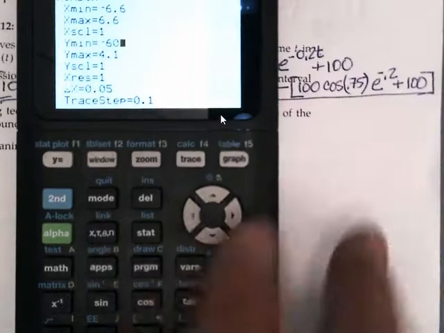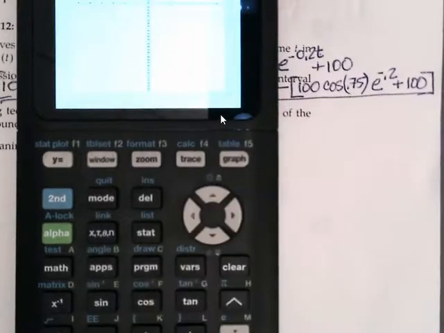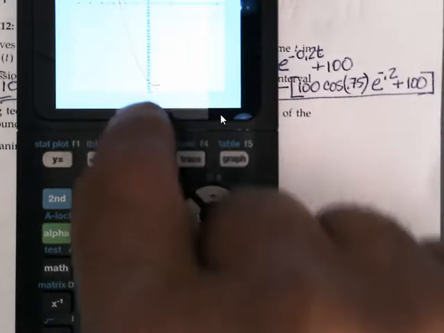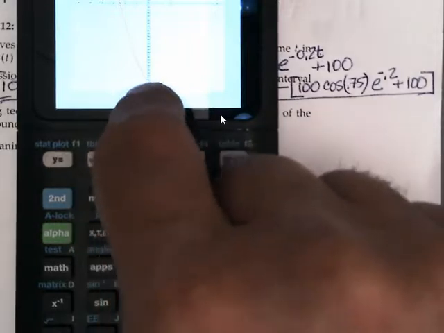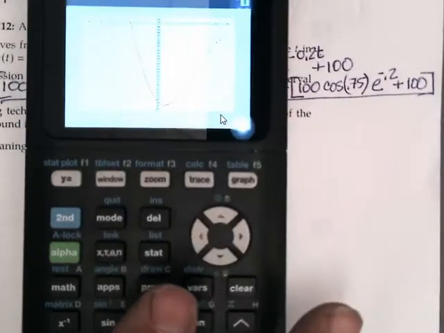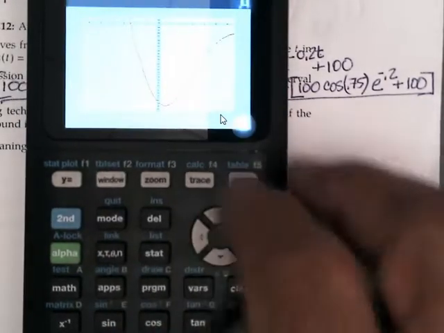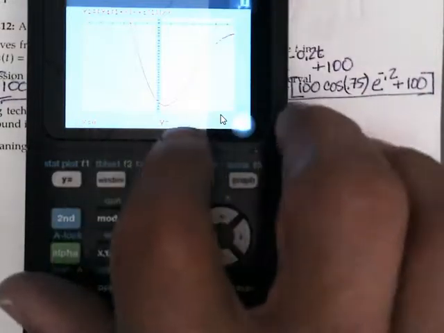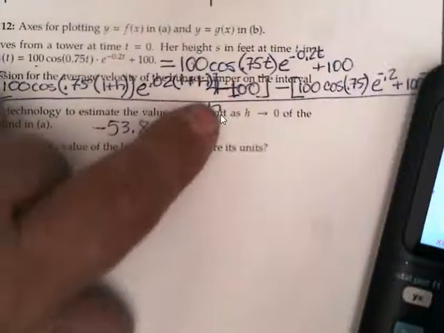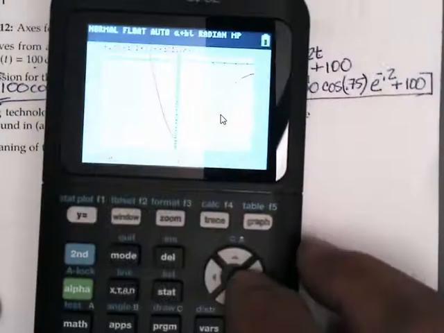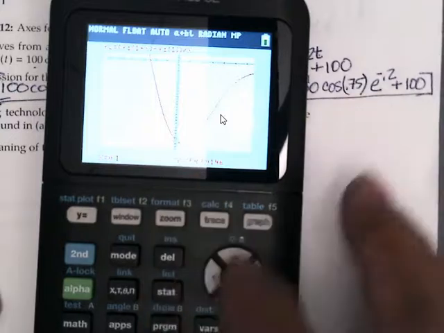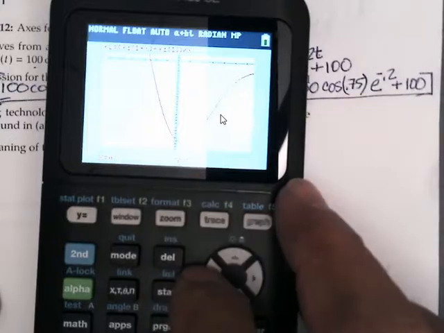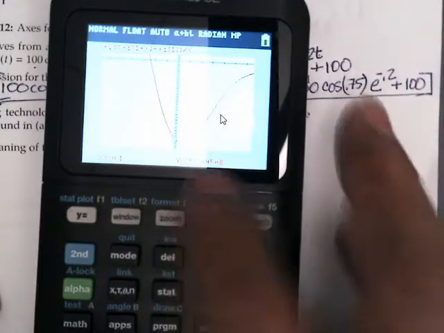And now let's take a look at it. And we want to know what it is at 0. So I can trace near 0. At 0, there is no value. You can't put 0 in there because it's division by 0. But near it, I get negative 54 on that side and negative 53 on that side.